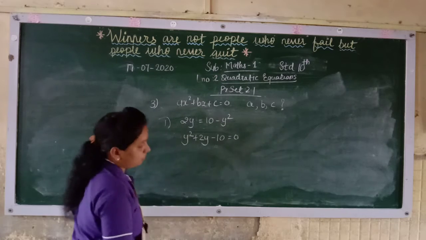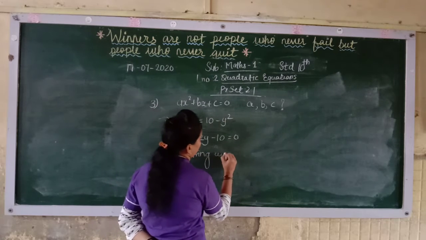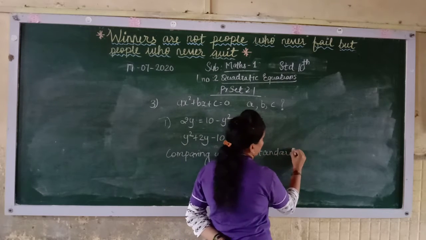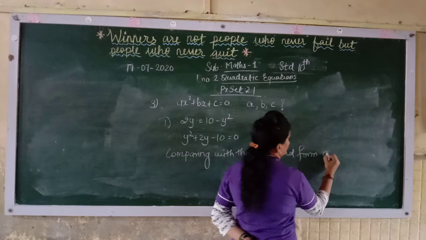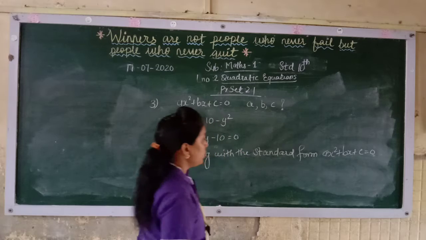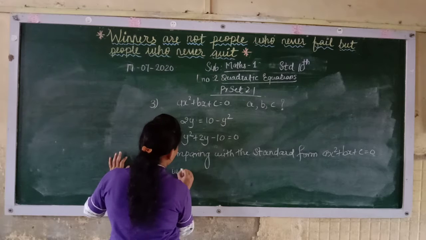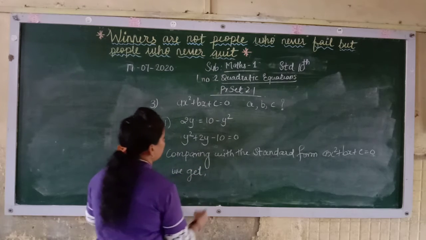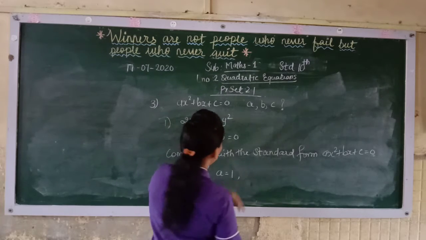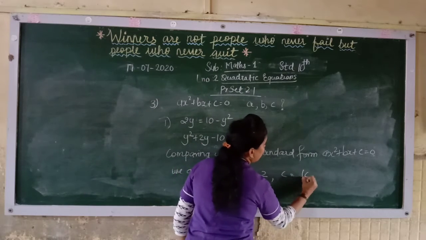So a is equal to, here nothing is there, so it will become 1. b is equal to 2. c is equal to, see, it is not 10.